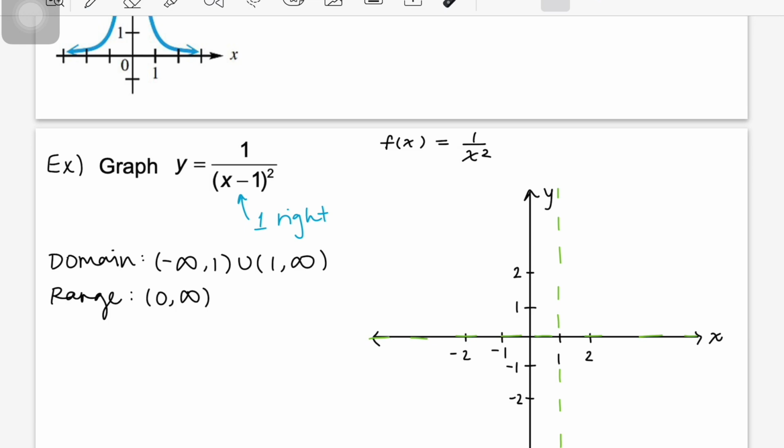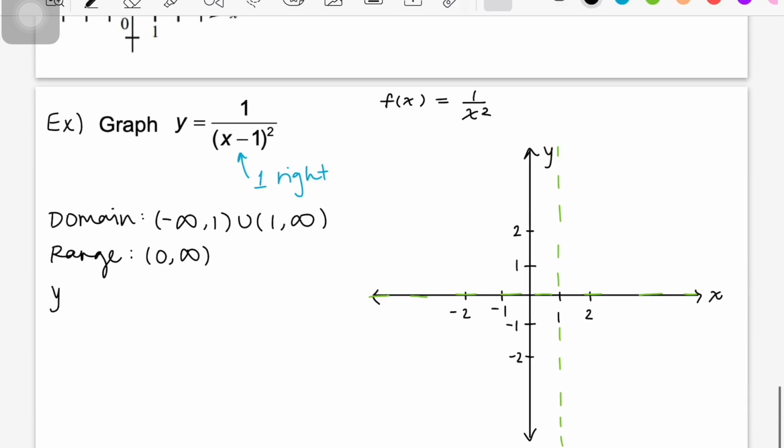We also know that our graph is going to behave in this manner here. So this indicates that we're going to cross the y-axis at some point. So let's try to find what that point will be. Our y-intercept we'll find by setting x equal to 0. So we'll get that our y-intercept is (0, 1).